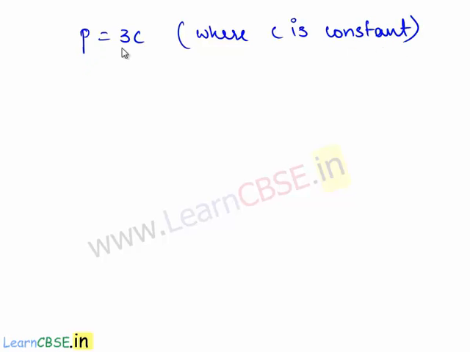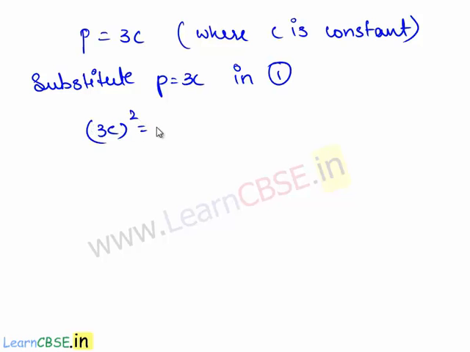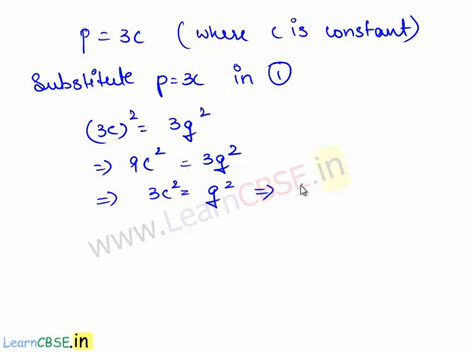So now we substitute the value of p in equation 1. This gives 3c whole square is equal to 3q square. It is 9c square is equal to 3q square, which implies 3c square is equal to q square. This implies c square is equal to q square by 3.